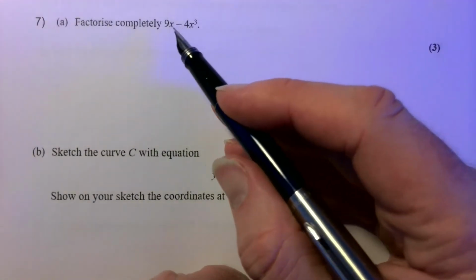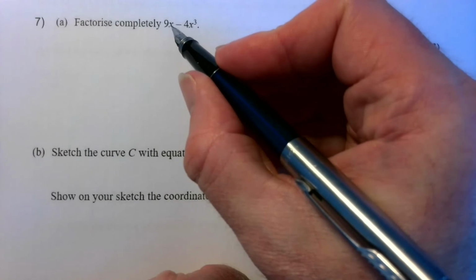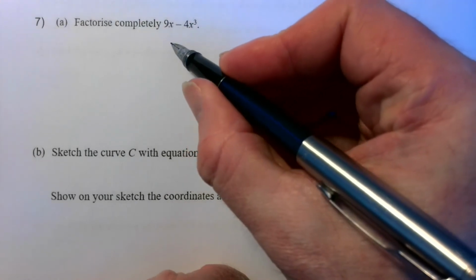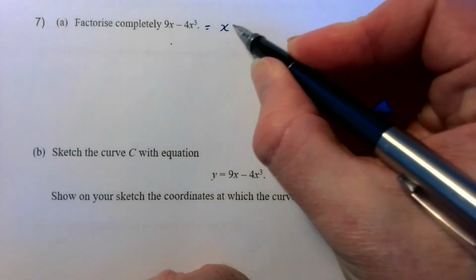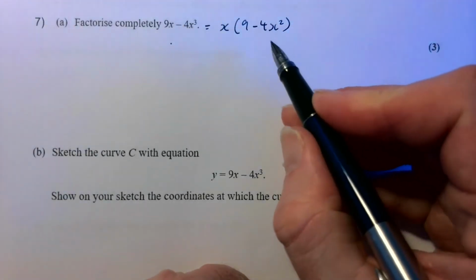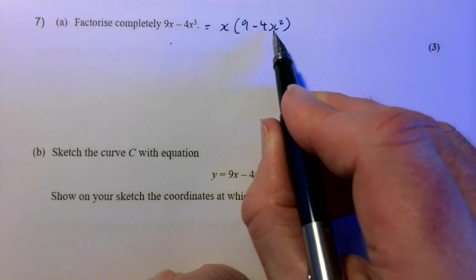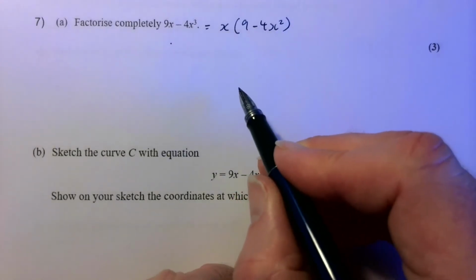Okay, factorizing completely. The thing to notice here is how many square numbers we've got going on. First thing I can do is take a factor of x out of both. So I can say that that is x times 9 take 4x squared. Then we've got the difference between two squares, because 9 is a square number, so is 4, so is x squared, and we're taking that from it.